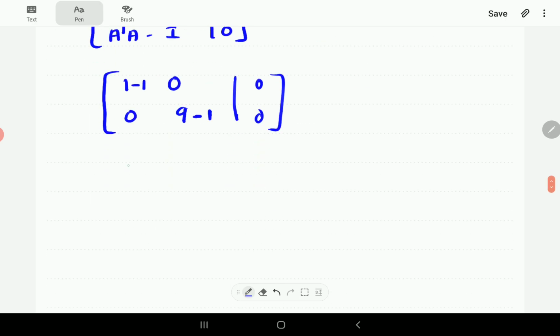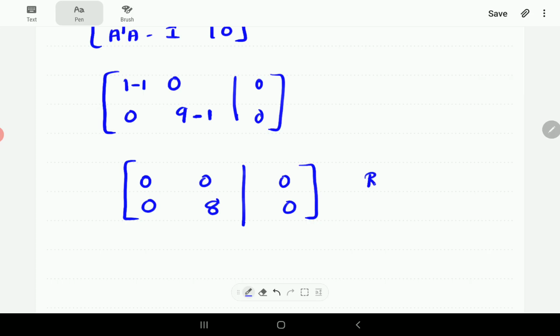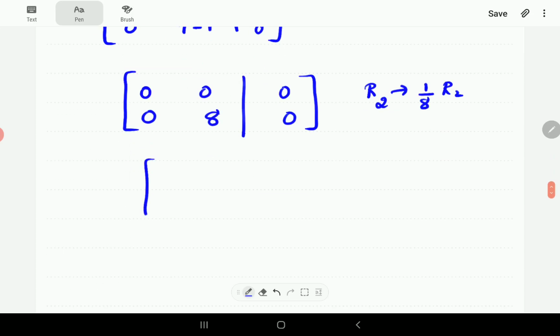All right, so this matrix we will get as 0, 0, 0, and 0, 8, 0. What we do is simply from R2 we take 1 by 8 times of R2. We get this as 0, 0, 0, and 0, 1, 0.